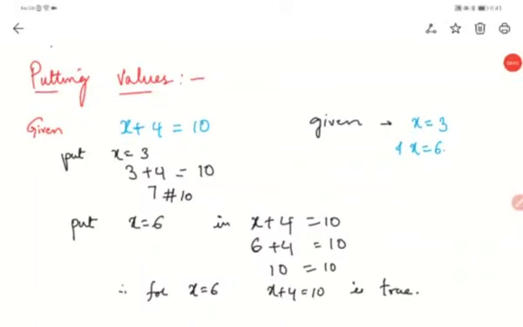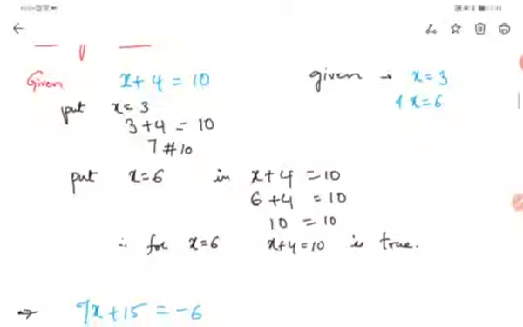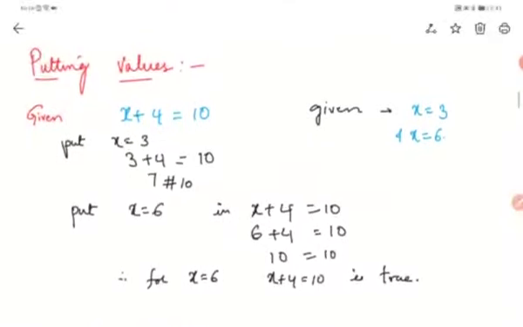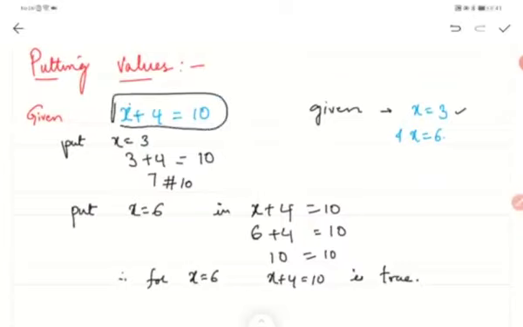Sometimes what happens is that was the trial and error method which we had seen. Now in the question itself they will give you some values of the variables. A question like this: an equation is given, along with the values 3 and 6. So we need to just check for which value of x it is true.